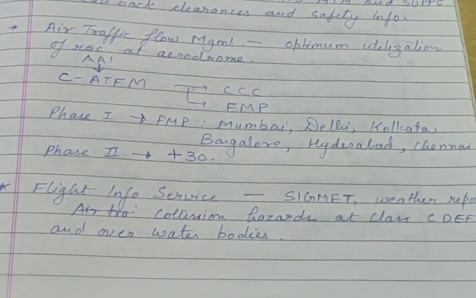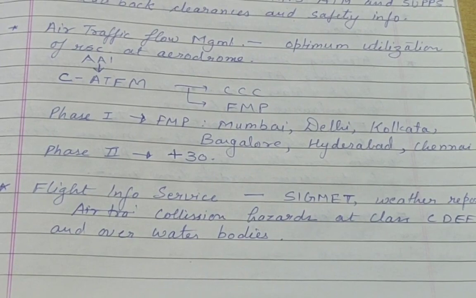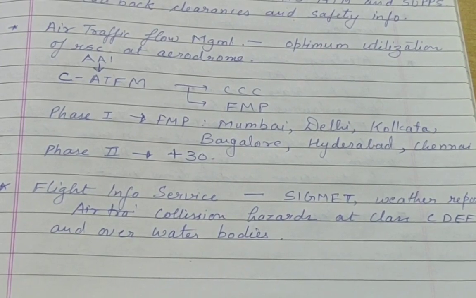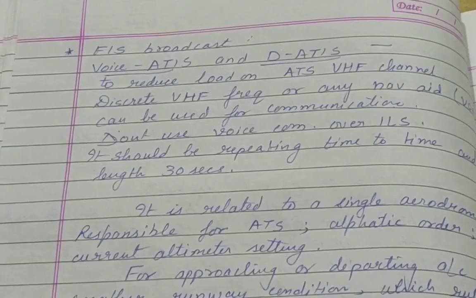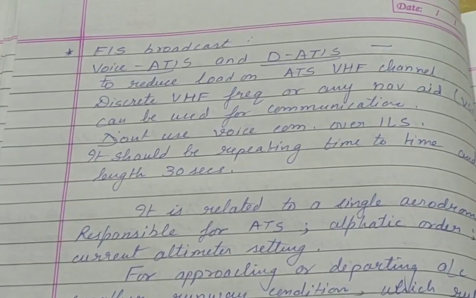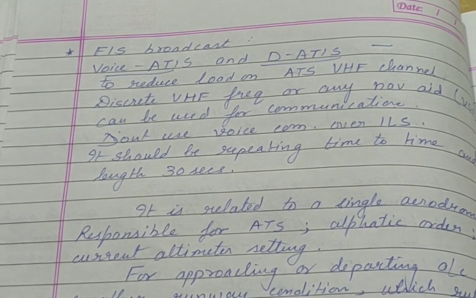So these airports cover almost around 60% of the traffic of India. And in phase 2, they have decided to appoint 30 more airports.